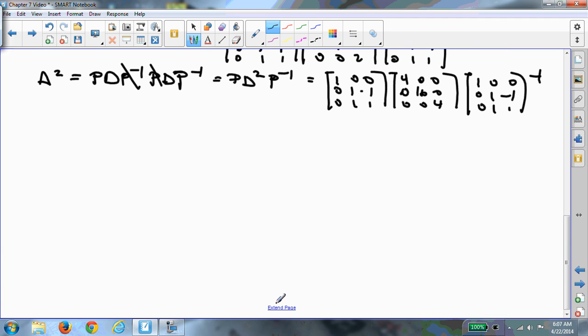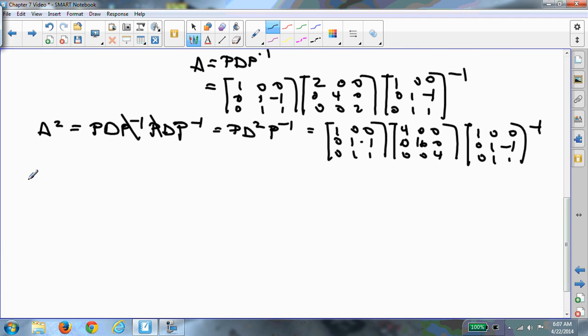Another property that comes up from this: if I take the determinant of A, I get the determinant of P times the determinant of D times the determinant of P inverse.